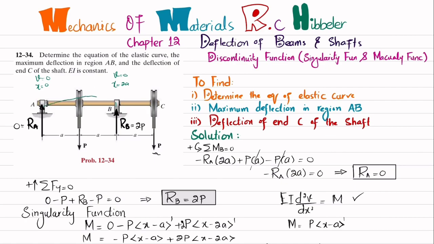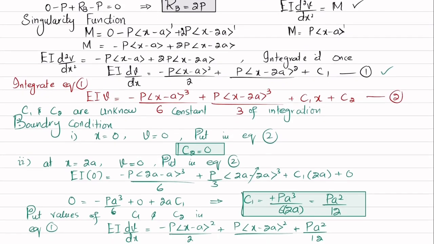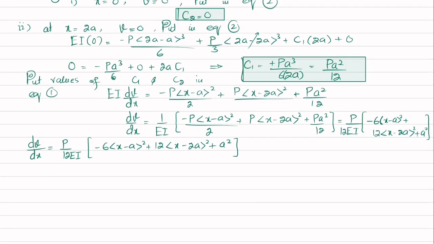Since we are determining the equation of elastic curve and this beam deflects like this, you can see the slope in the region AB will be the maximum. And we will also find the equation of elastic curve.